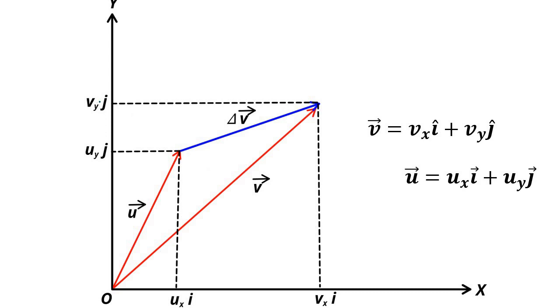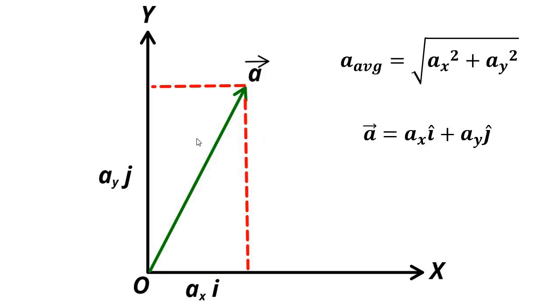So here change in velocity delta v vector is final velocity minus initial velocity. So we have written u vector is ux i cap plus uy j cap, v vector is vx i cap plus vy j cap. This is the final velocity, this is the initial velocity.